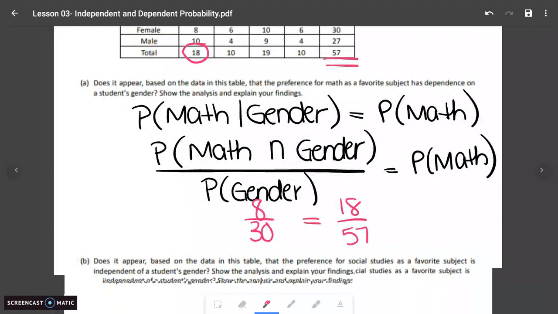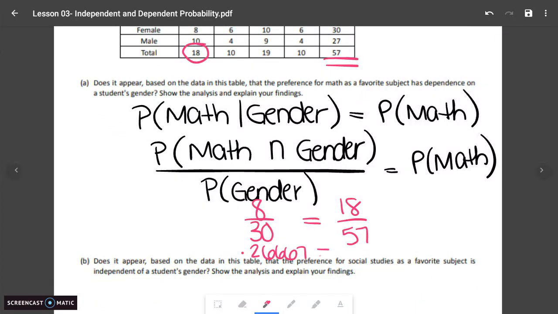And then I just plug those into my calculator because I don't have to know off the top of my head if they are equal. But 8 divided by 30 gets us 0.2666 repeating. Eventually get that 7. And if I do 18 divided by 57, we get 0.31578947. Either way, definitely not equal, so not independent.